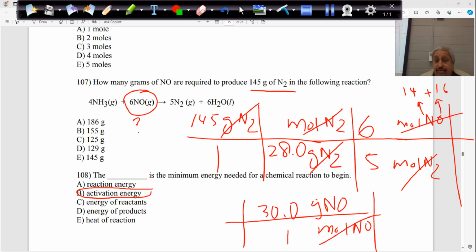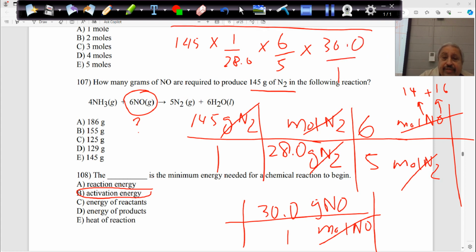So you have 145 multiplied by 1 over 28, multiplied by 6 over 5, multiplied by 30.0 over 1. And that will be the grams of NO. Correct, guys? So that's the way you set it up.